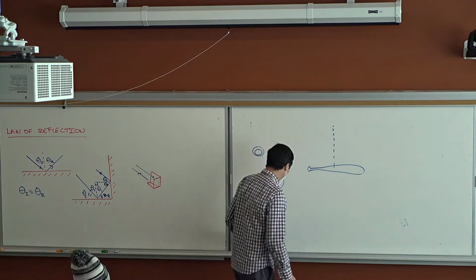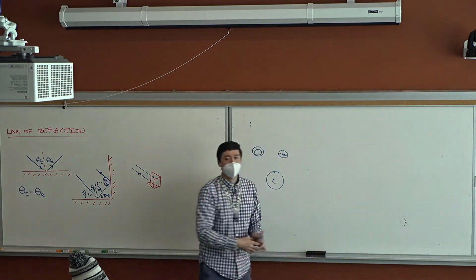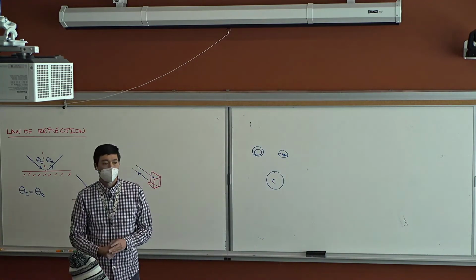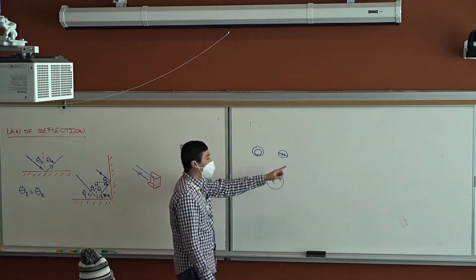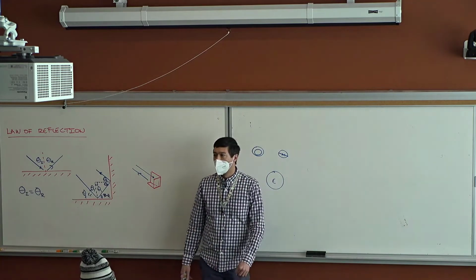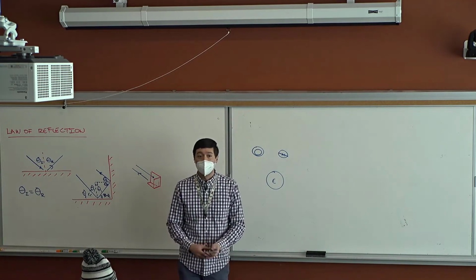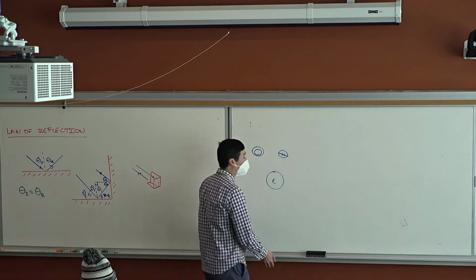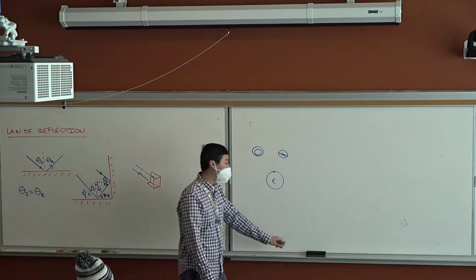Well, why? Gravitational torque, right? So the heavier side would rotate downwards. The moon has a heavier side, so the same face of the moon always hangs down towards the Earth.